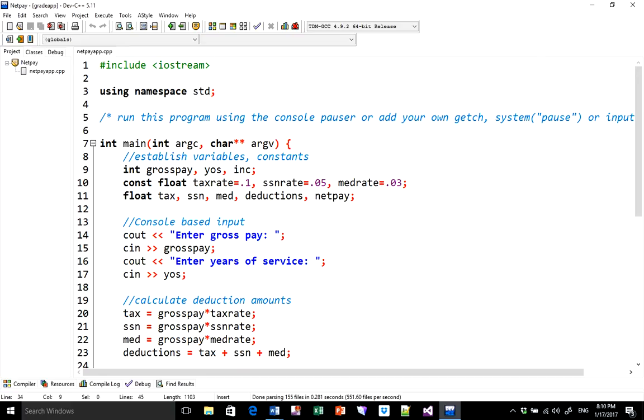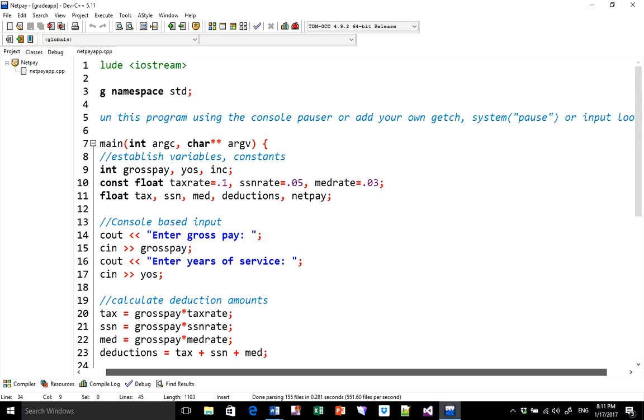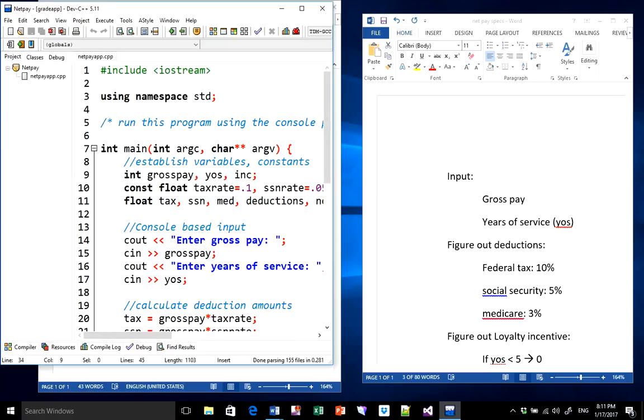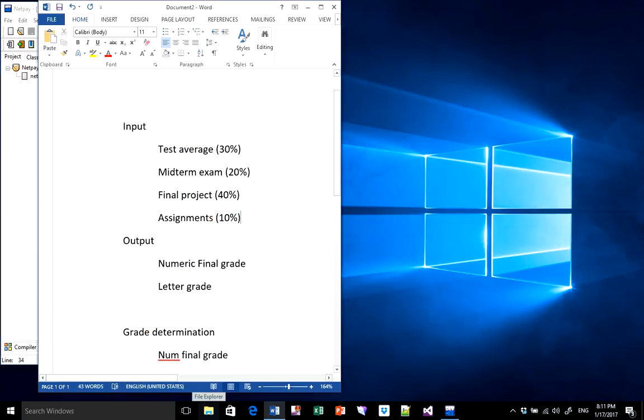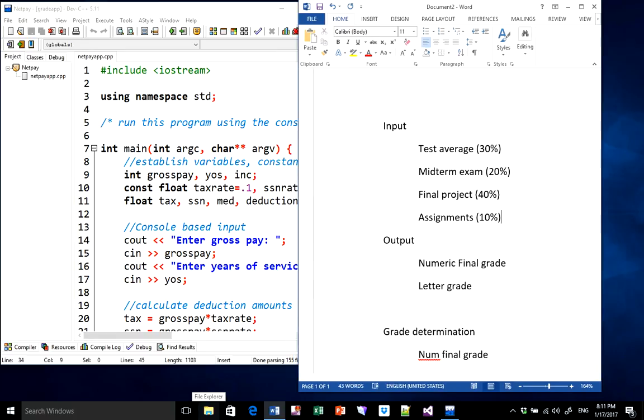So what are our inputs? And we're going to enter whole numbers. So I'm just going to reuse this. Input, right?